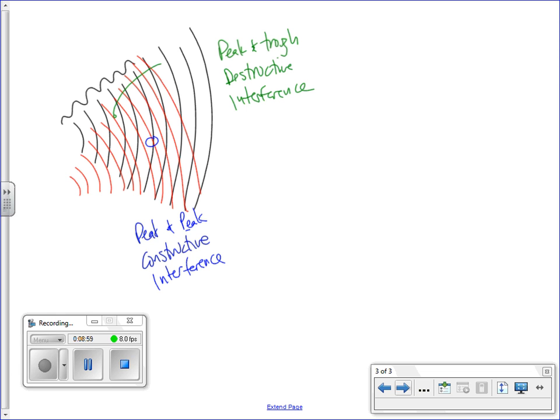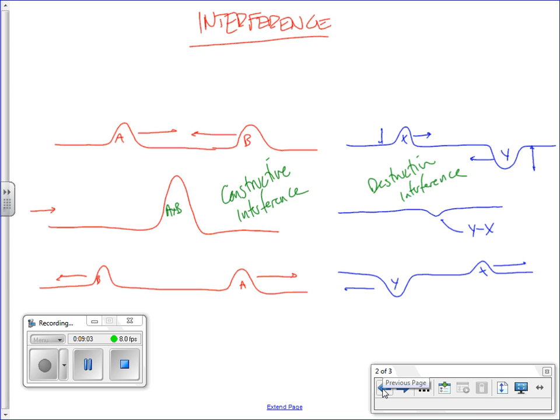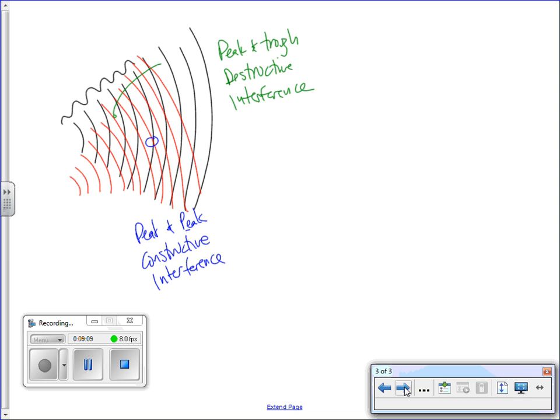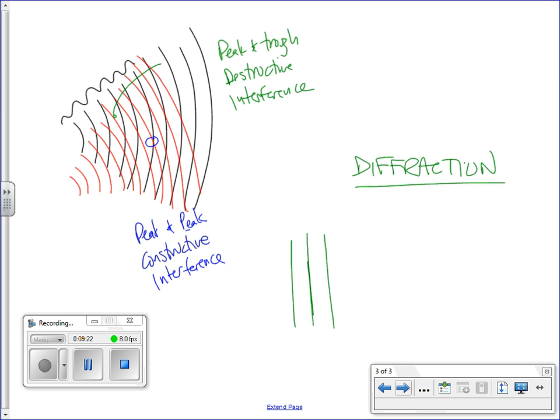All right? Good evidence for light acting like a wave is that light sources can interfere. Any waves can interfere. Any waves can also do what's called diffract. So a wave comes along and hits an obstacle.